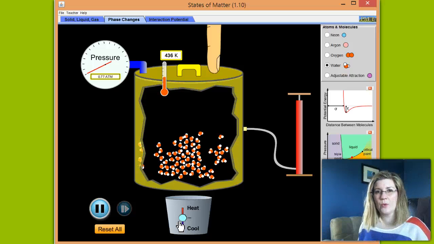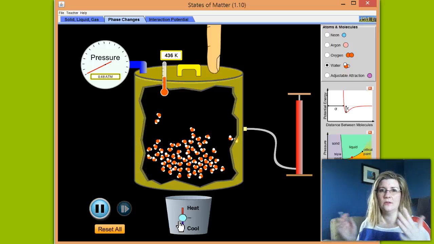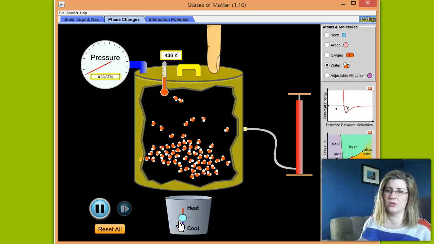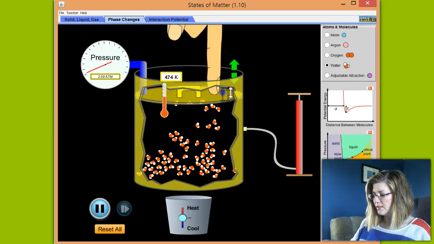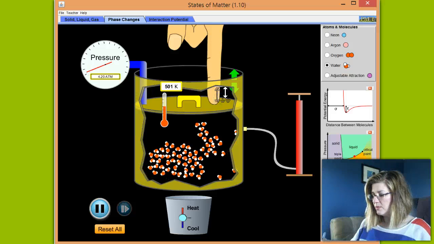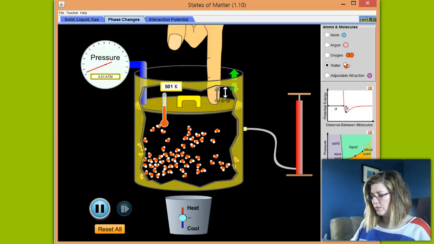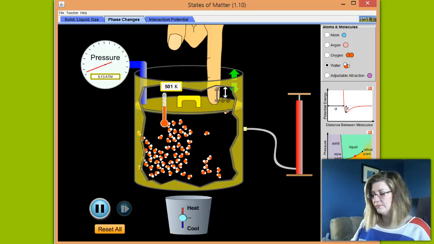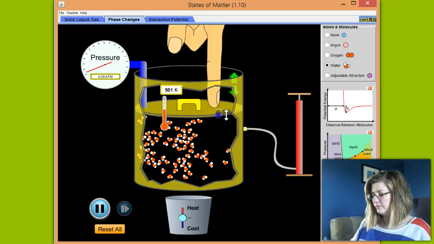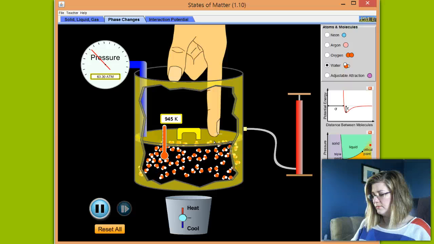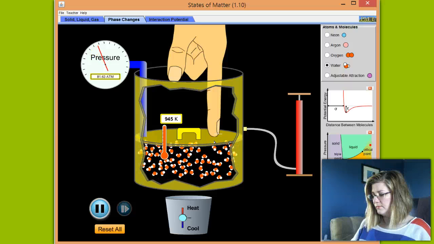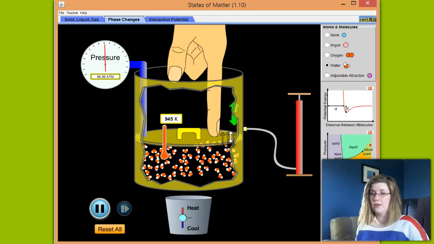Now we want to go backwards. We want to go from gas to liquid, condensation, and then liquid to solid is freezing. We can do this by applying more pressure to the system. What we do when we do this is we're actually forcing the molecules together. Okay, and this follows kinetic molecular theory as well.